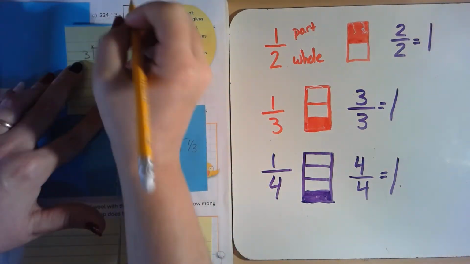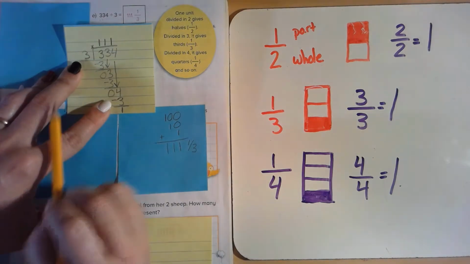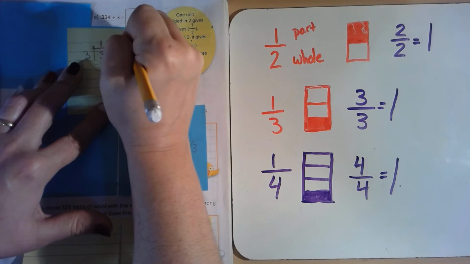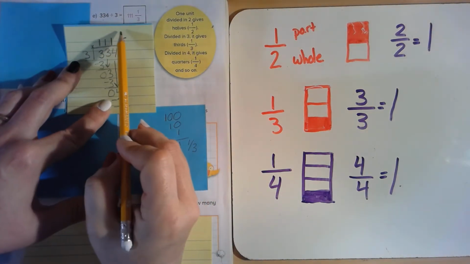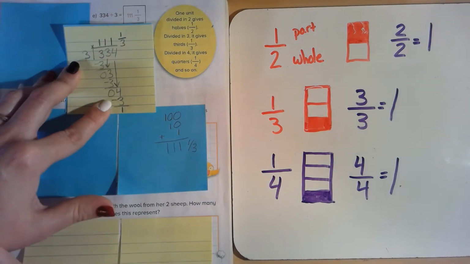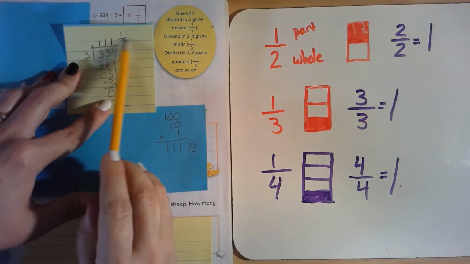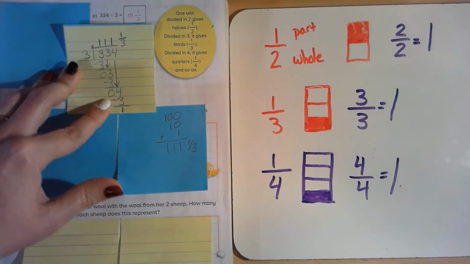We are going to take that 1, but we're going to put it into 3 groups because I'm dividing by 3. So it's really 1 out of 3 groups. I'm dividing that 1 into 3 groups. So I have 1/3, 1/3, and 1/3. So our answer is still 111 and 1/3.